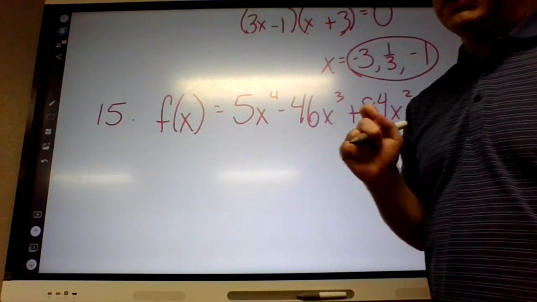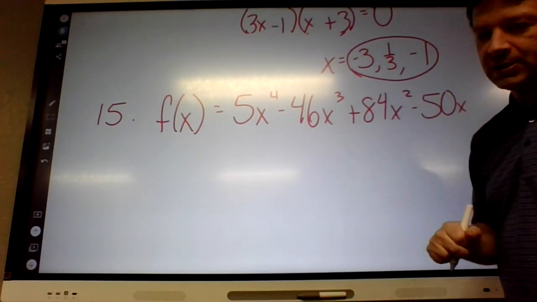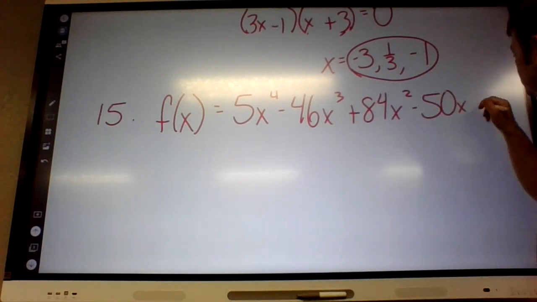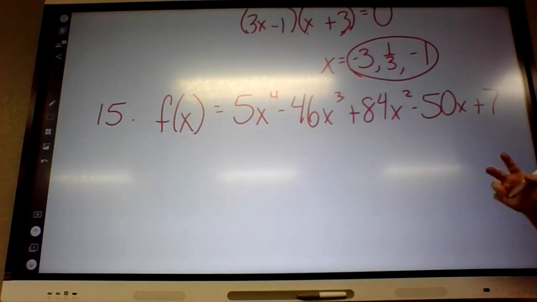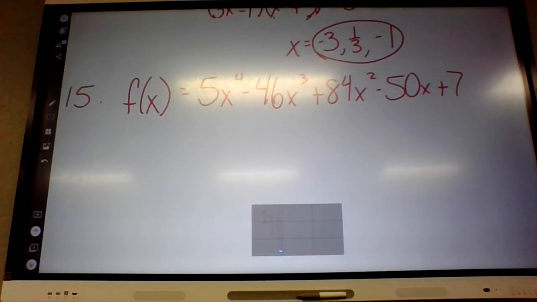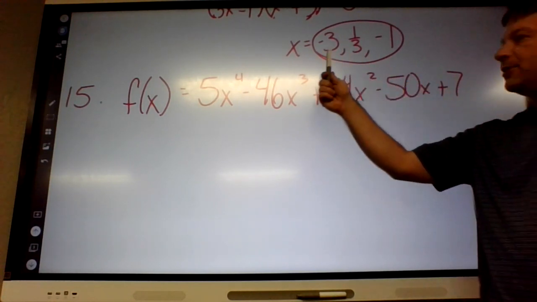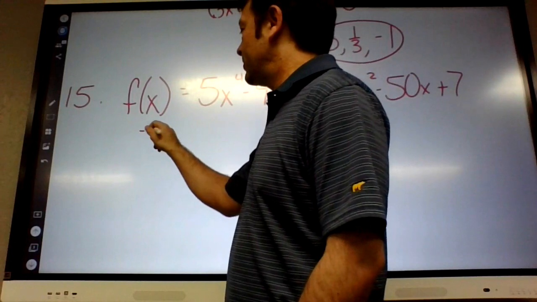Because the problem is, after I take out one answer, I'm still going to be left with an x cubed, a cubic. So I can't use my tricks yet. So we actually have to take 2 answers out before we can use our tricks. Okay, starting the same. Factors of 7 over factors of 5.